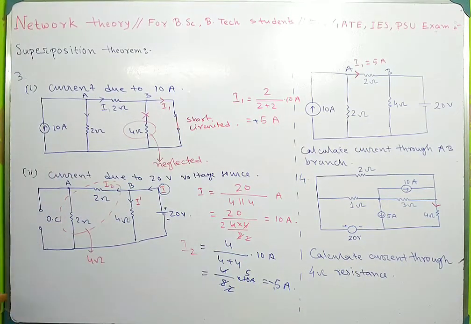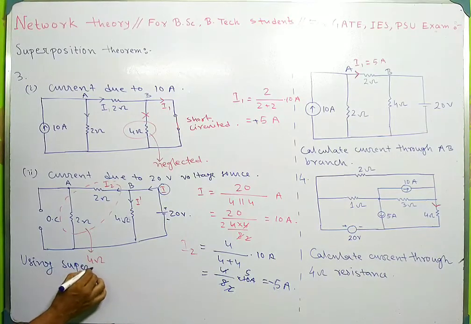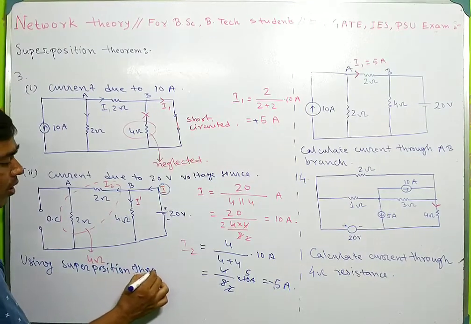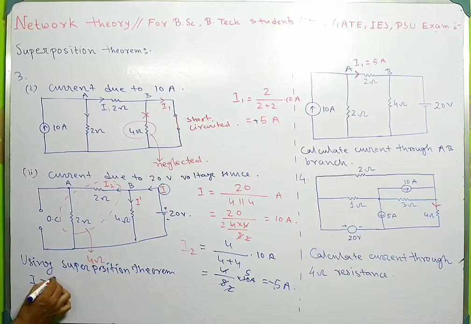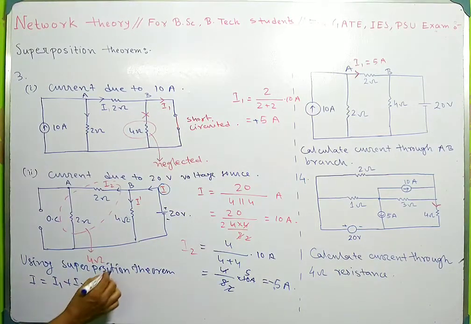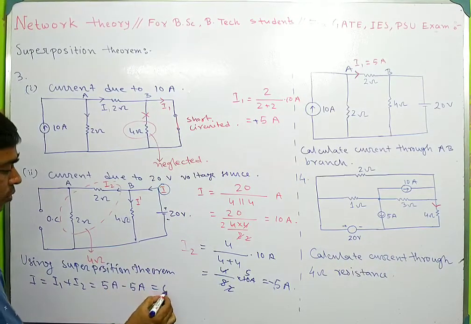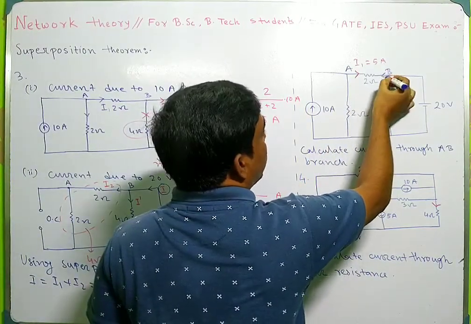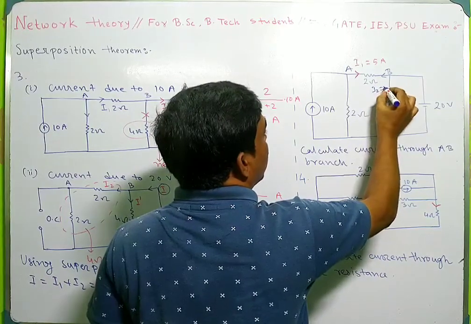So using the superposition theorem, you can calculate this branch current I equals I1 plus I2. So this is 5 ampere minus 5 ampere, equals 0 ampere. The current along this direction, I2, is minus 5 ampere.